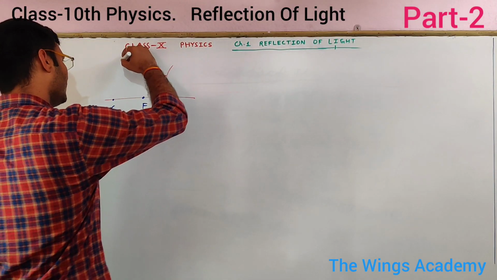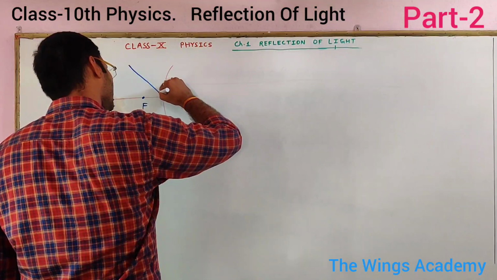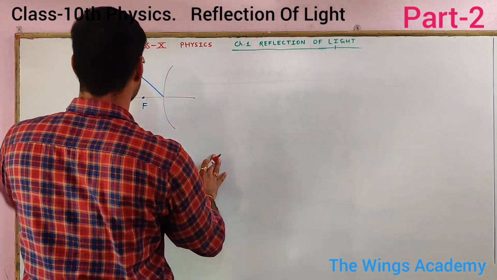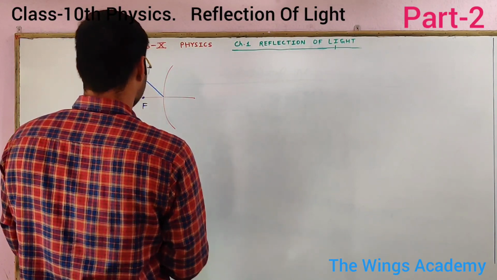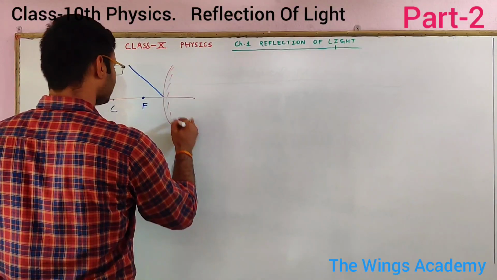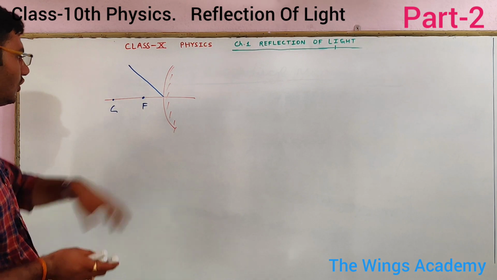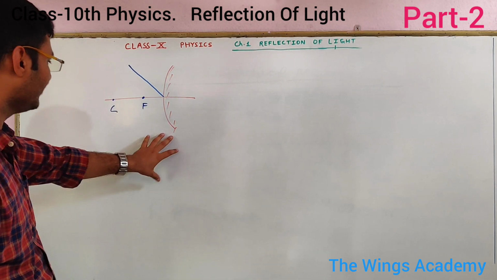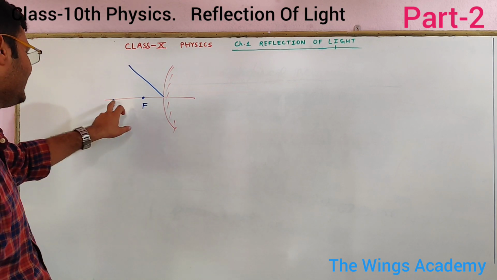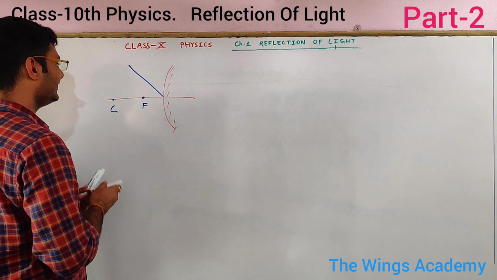One ray is obliquely going to fall on a concave mirror, and since the principal axis is always normal to the convex or concave mirror, this is the normal and this is the incident ray.